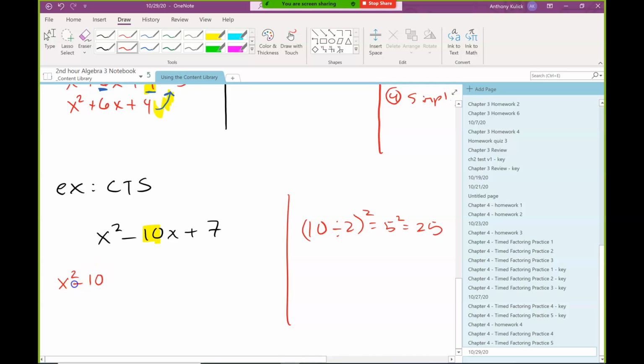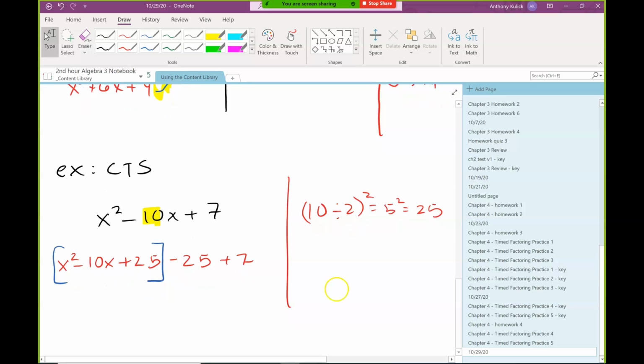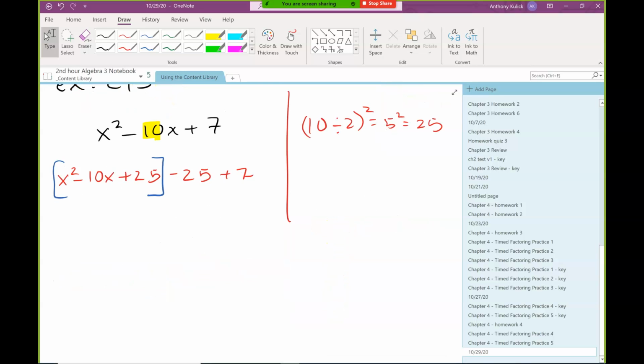So I'm just going to take the polynomial I have, subtract 25 from it, which is doing nothing at all. And then I'm going to factor the new polynomial that I made there. So what two things multiply to give me 25 and add to give me negative 10?